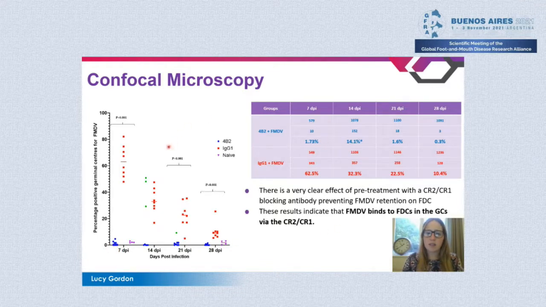This table is the same data which is represented on the graph, showing in the top row how many germinal centers were imaged per group per time point, and then the mean percentage of positive germinal centers for FMDV. These results indicated that FMDV was binding to FDCs via complement receptors 1 and 2.